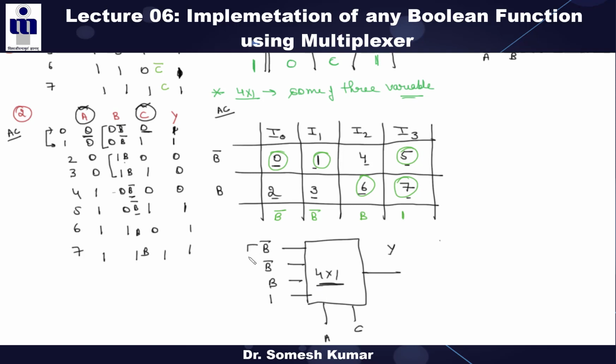Because see, for this B bar also we need one extra mux, right? One extra mux is needed.